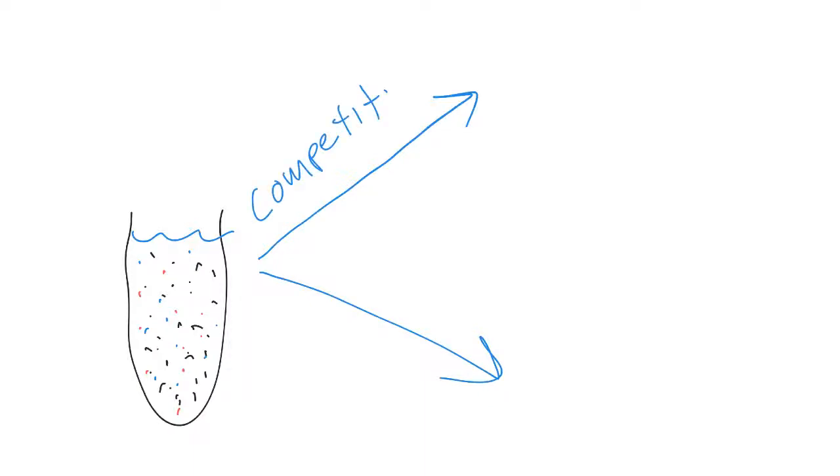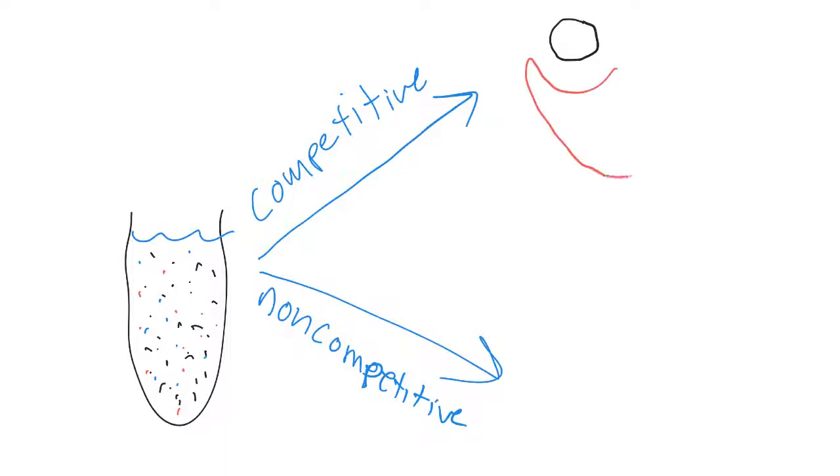If it's competitive or non-competitive. All right, so let's draw this out. If it's competitive, we have our catechol, we have our enzyme, and we have our inhibitor.